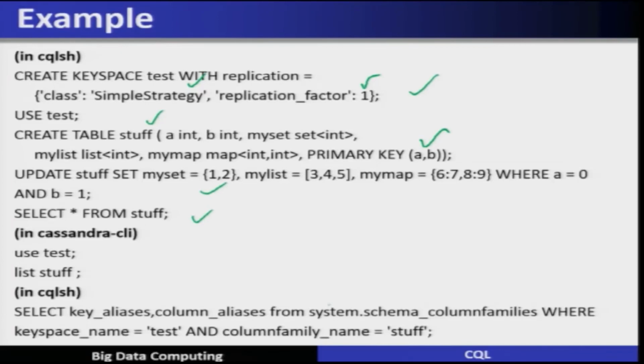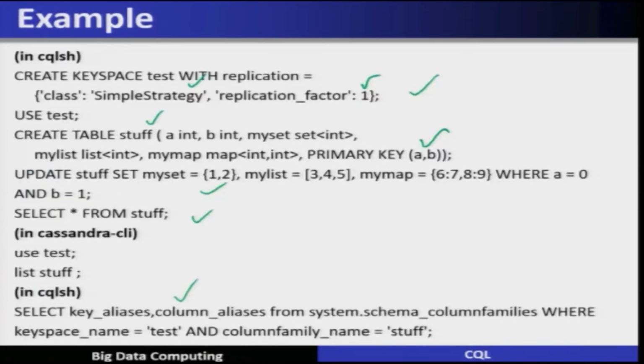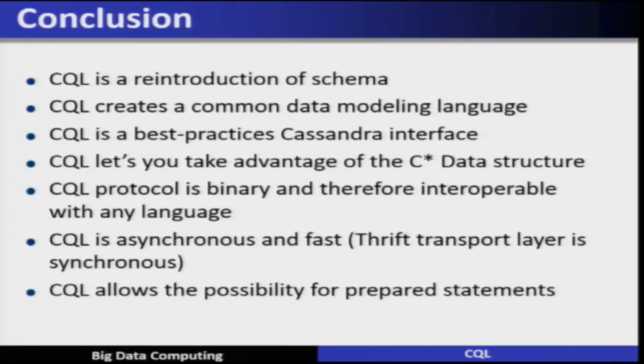And furthermore we can select using key alias, column alias from the system schema column families, where key space name is equal to test and column family is stuff. So, we have seen that CQL is very familiar and looks like SQL commands, but internally it is being handled in a different manner that we have already discussed and covered.